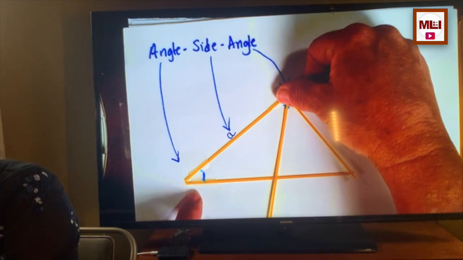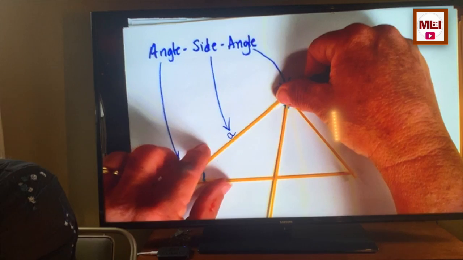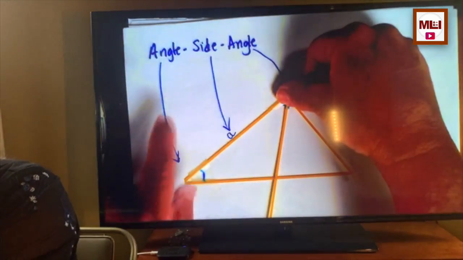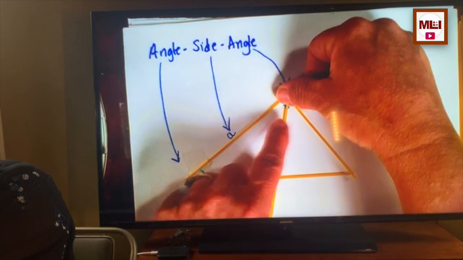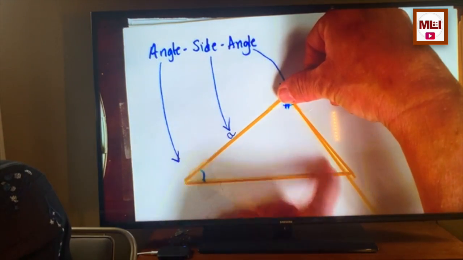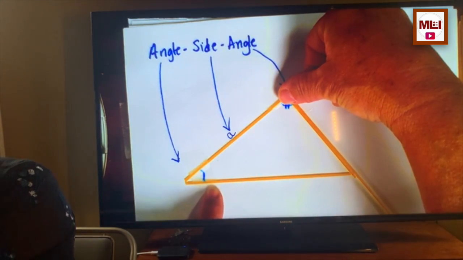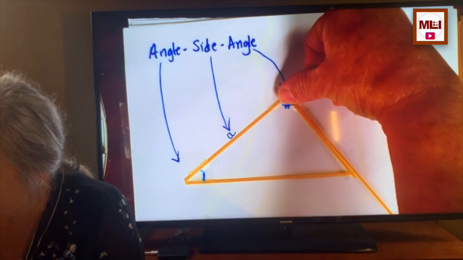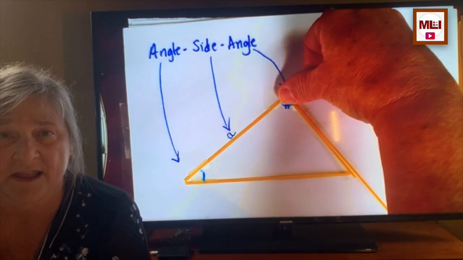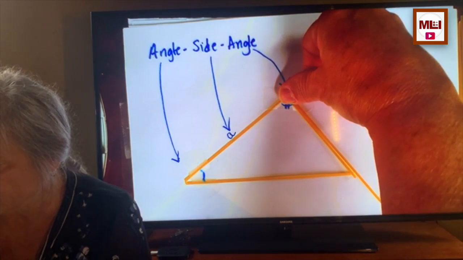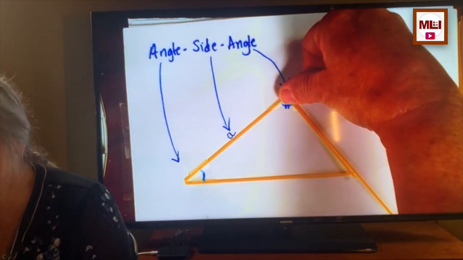So the only way for this original triangle to be congruent with another one using angle, side, angle is if that angle, that side, and this exact angle is there, because that's the only way that this side will be exactly the same. And remember, we know that if triangles are congruent, all their sides and their angles will be equal. So this was just one of the theorems, the angle side angle.